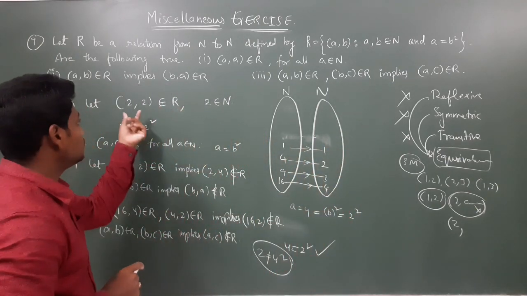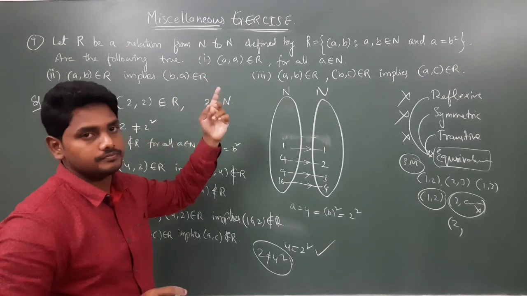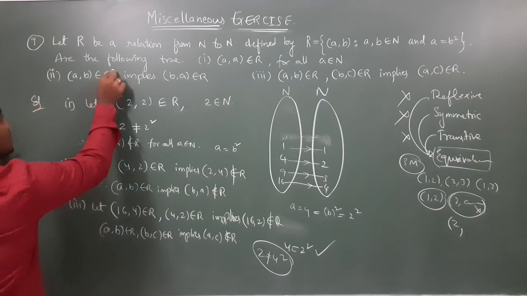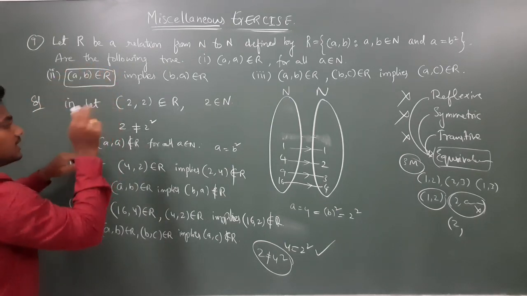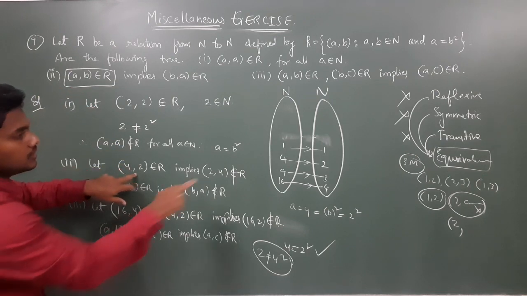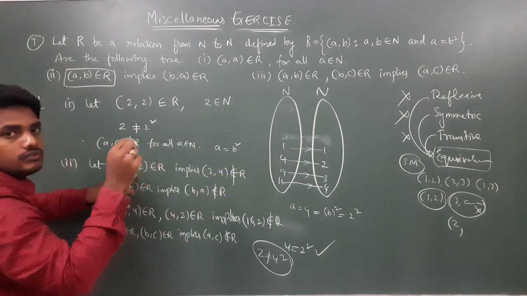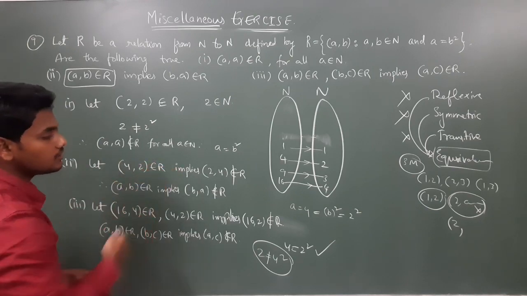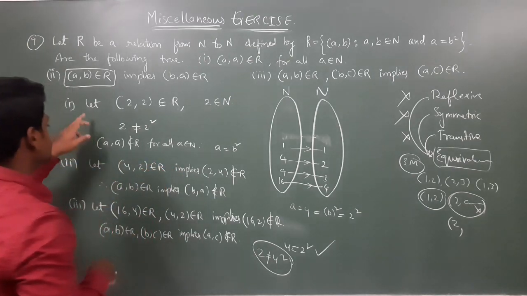For reflexive, we need to take the same elements, (A, A). Next, for symmetric, for the first condition you need to take a correct pair that satisfies the relation, like (4, 2). After that, you check whether the reverse pair is there or not. That is the second condition.